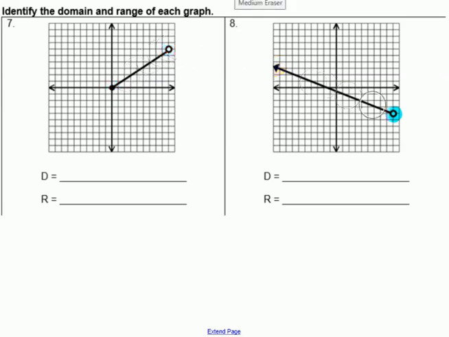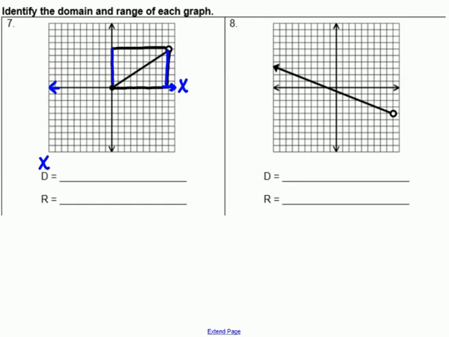Let's start with number 7. Because I have 2 endpoints, I know that my domain, which is all the x values, is going to be sandwiched in between my smallest and my biggest x values. To find those visually, it's really helpful to draw a box around your shape. And since the x-axis runs left to right, we're going to look at the left and the right side of that box.